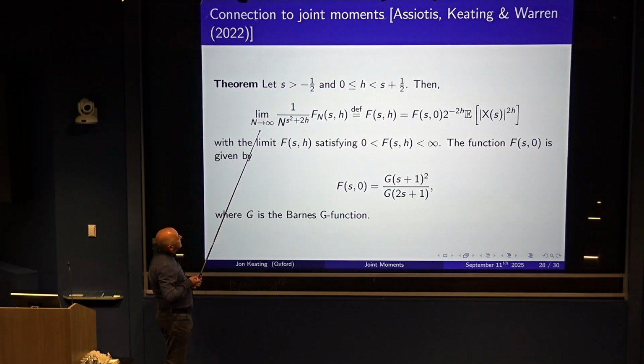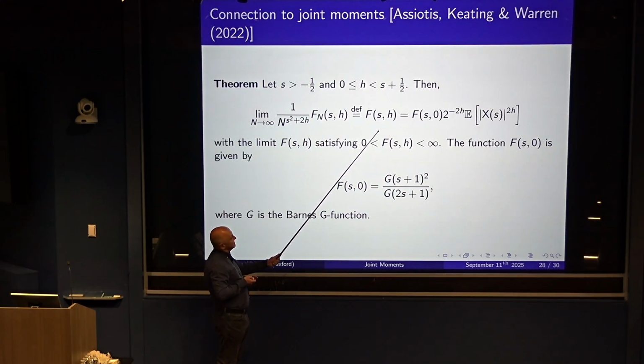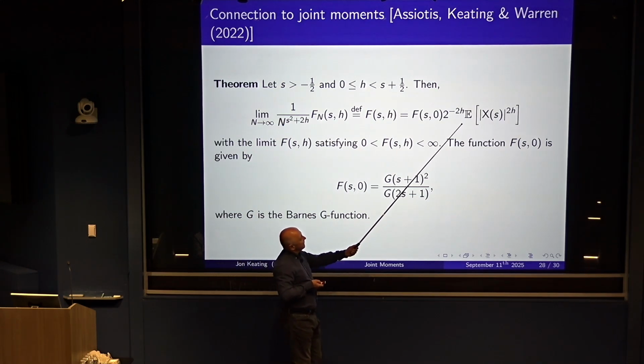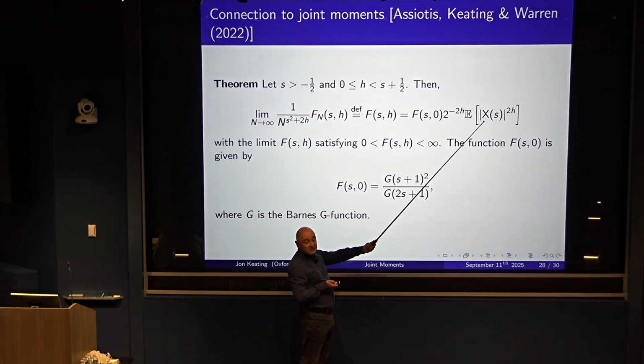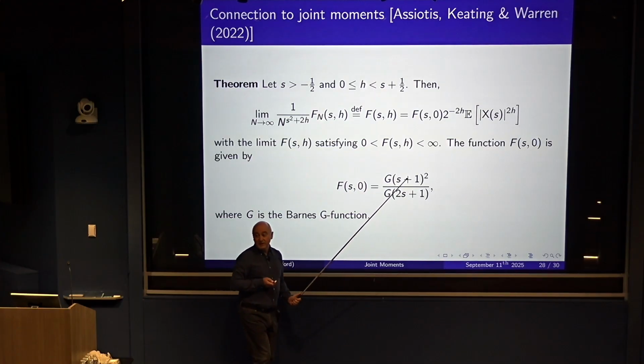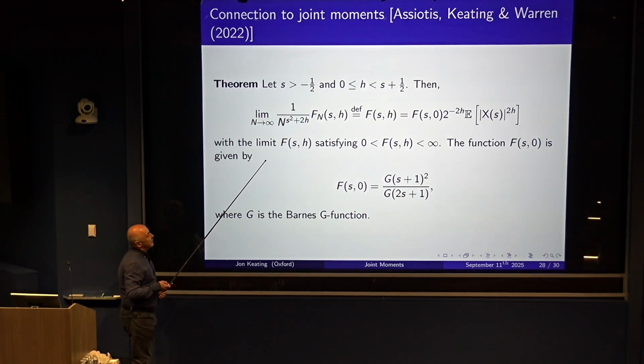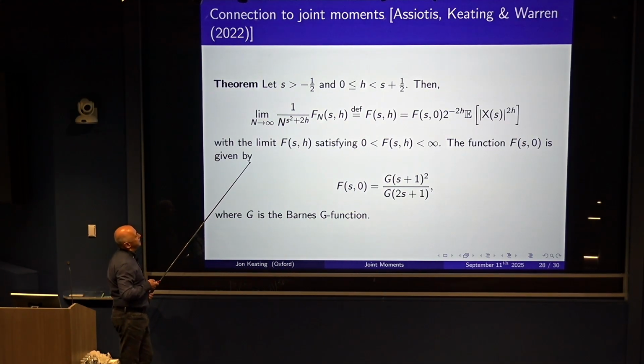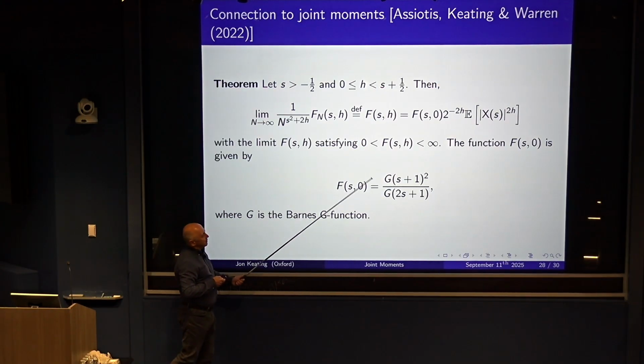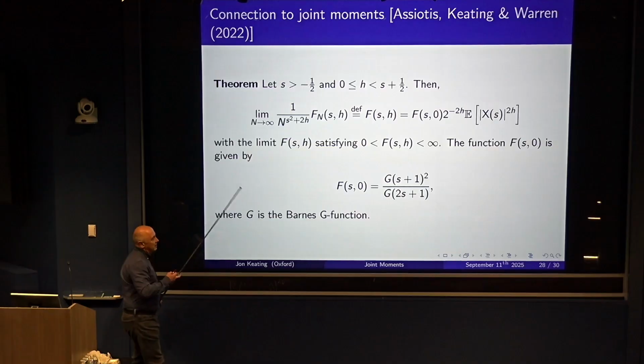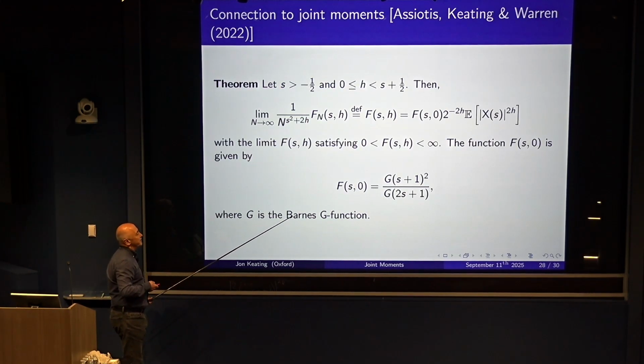You take the limit as n tends to infinity. What we can prove is that that limit does exist and is non-zero, and it's simply related to the expectation value of moments of the random variable x_s, the random variable that appears from the Hua-Pickrell measure. So that finally proves the conjecture that Hughes made for the full range of variables, but it seems to be a more complicated story than certainly for the moments themselves.